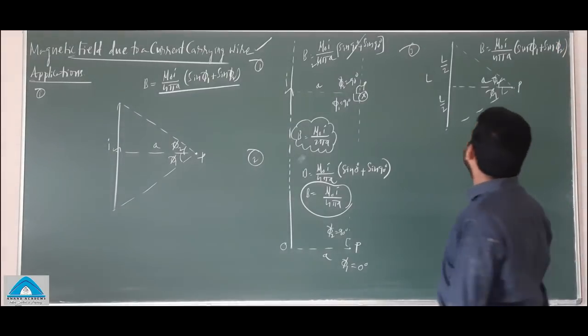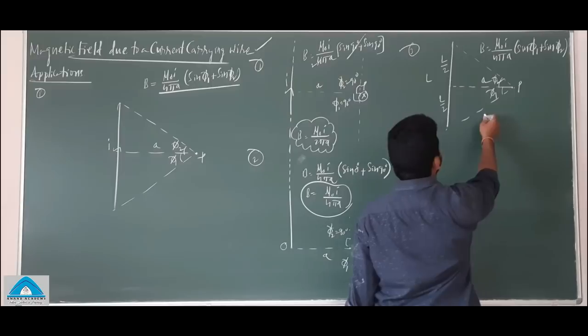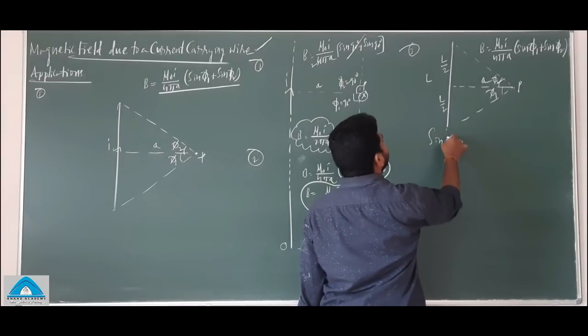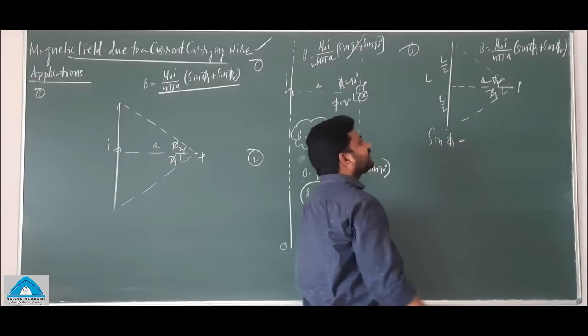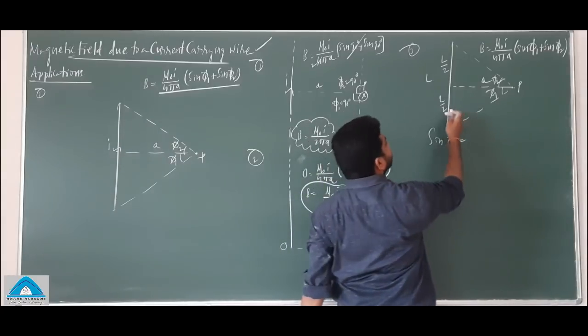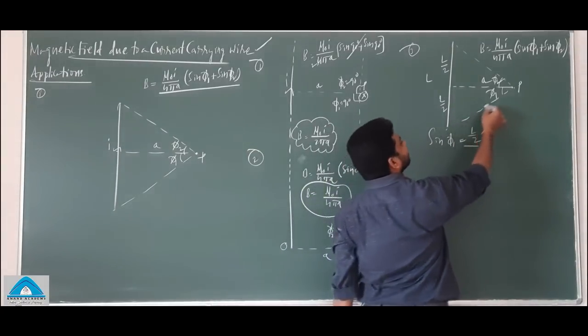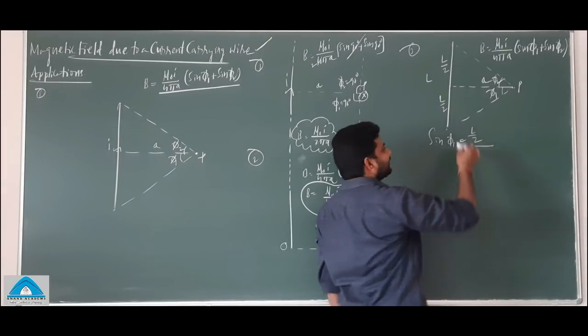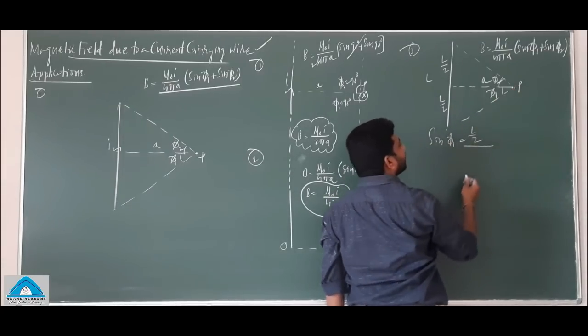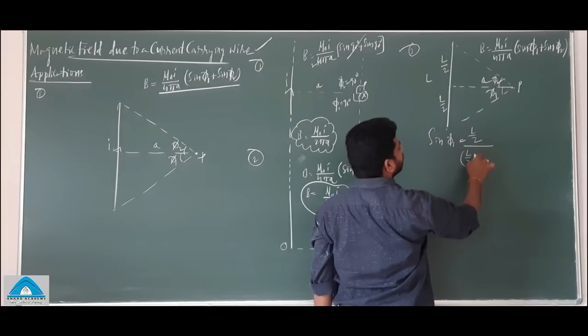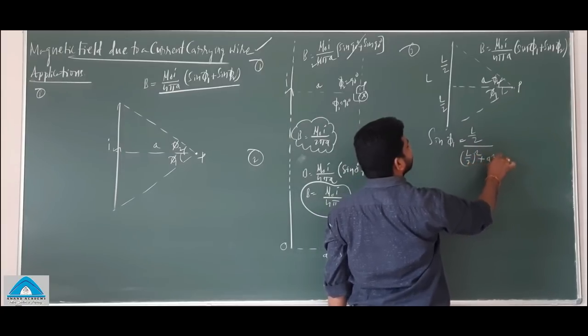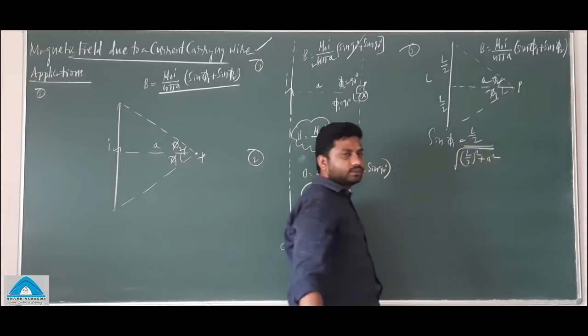Right? What is sine phi 1, sine phi 2 here? Sine phi 1 is opposite side L by 2 divided by hypotenuse. What is this hypotenuse here? The hypotenuse is square root of L by 2 whole square plus a square, according to the Pythagoras theorem.